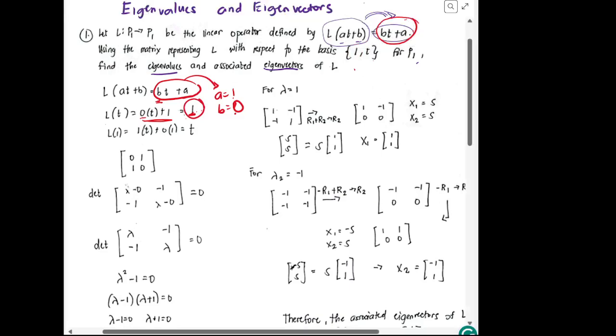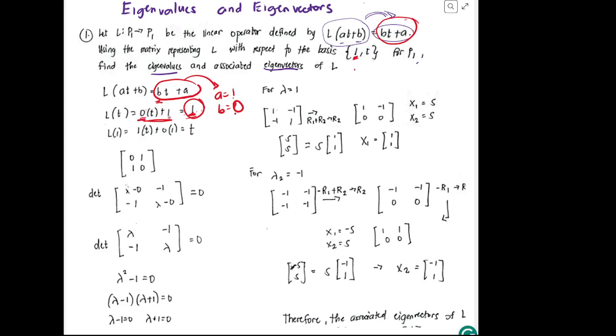That is 1 for our basis 1. So we have defined here that b is 0 and a is 1. So that is now how we will form later our matrix for getting the eigenvalues and the eigenvectors.